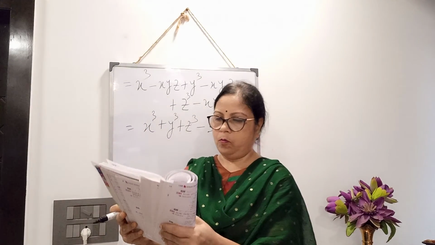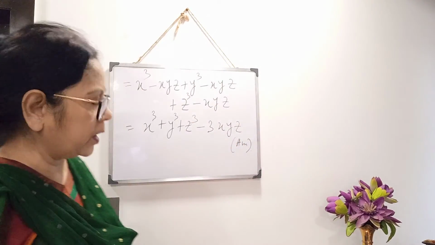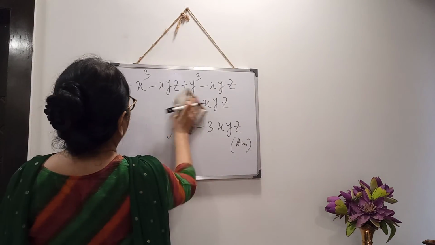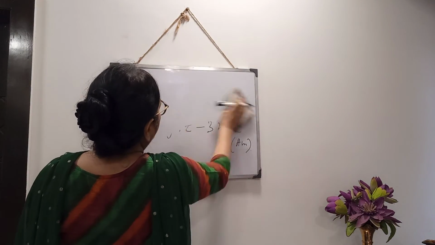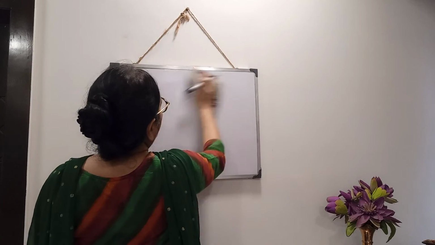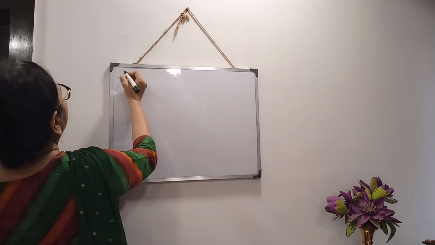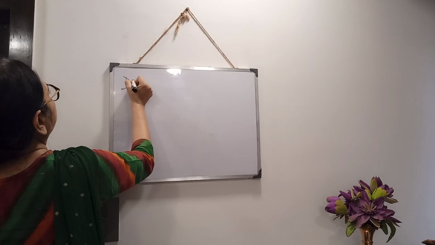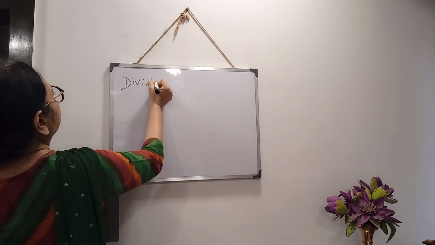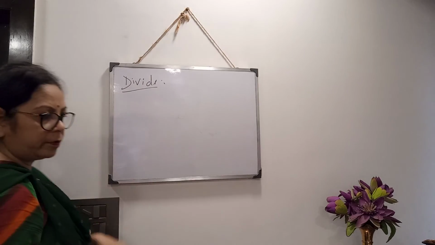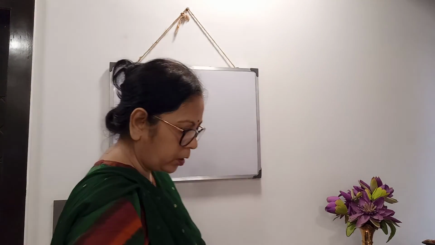Then one division I am showing. It may come in the MCQ part. Divide this by that. In case of multiplication, what I have told, you have to add the power or index. And in case of division, powers will be subtracted. Now I am doing one sum.